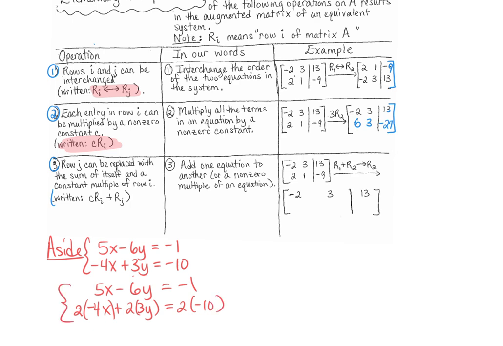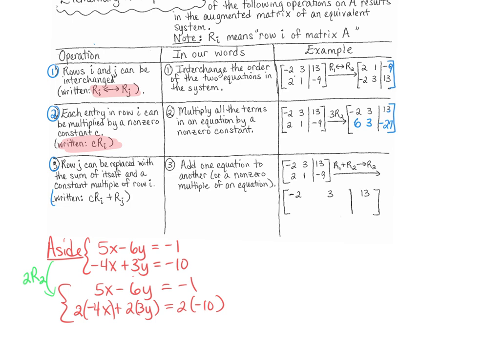Right? So whenever we're talking about our elementary row operations, to get from here to here, we did 2 times row 2. Does that make sense? Yes? Okay, so that's what we did.